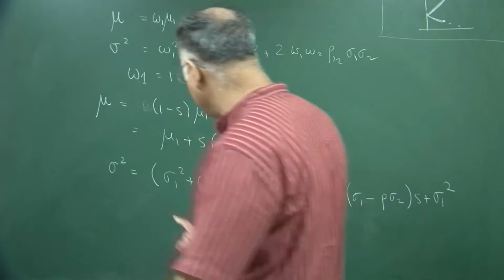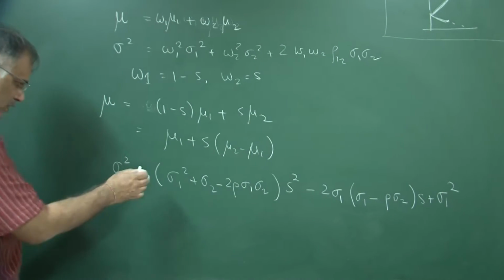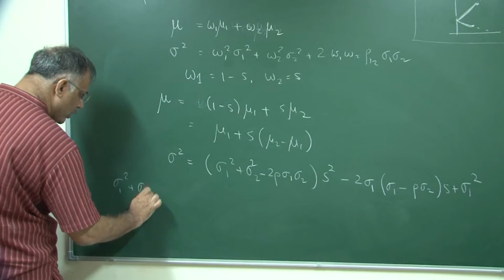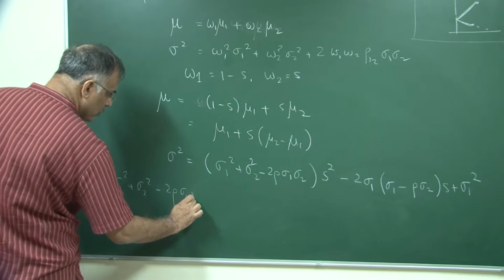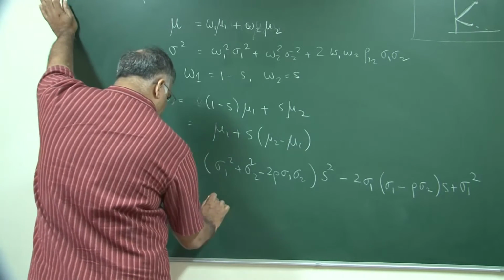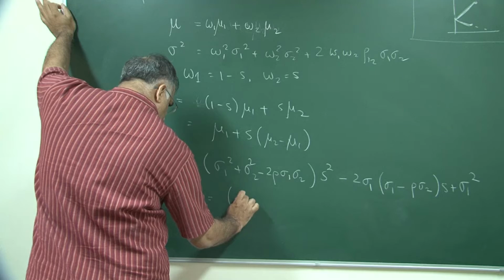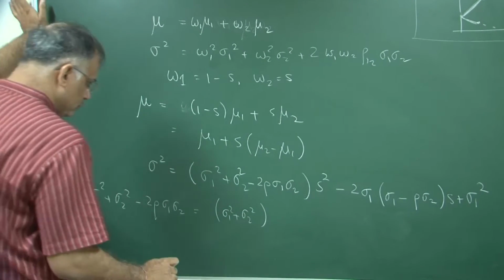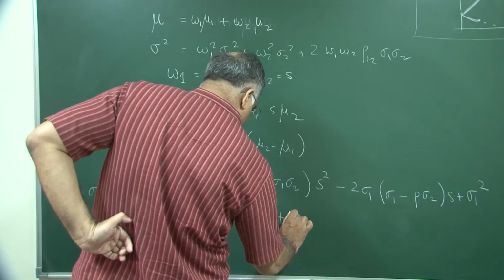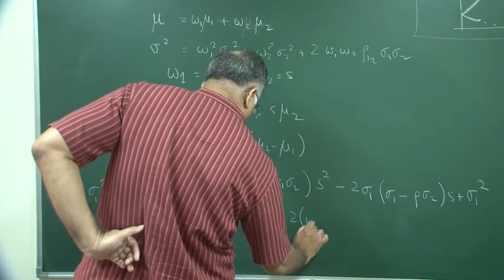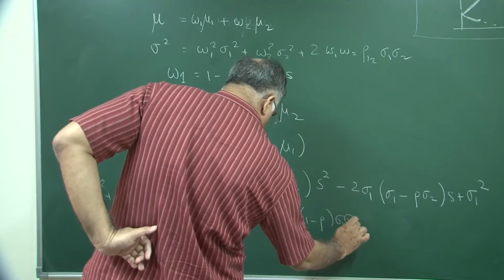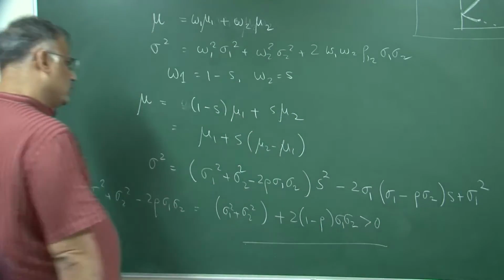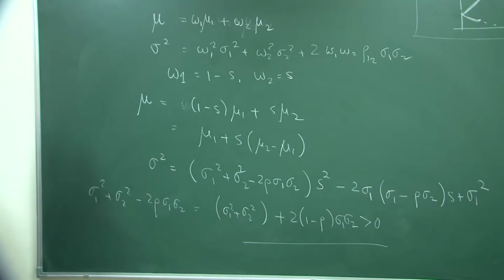You have to observe that sigma square as a function of S is truly quadratic, because this term, sigma 1 square plus sigma 2 square minus 2 rho sigma 1 sigma 2, can be expressed as sigma 1 square plus sigma 2 square plus 2 into (1 minus rho) sigma 1 sigma 2. Now, rho is strictly less than 1, so this is strictly bigger than 0. Hence this is truly a quadratic expression.